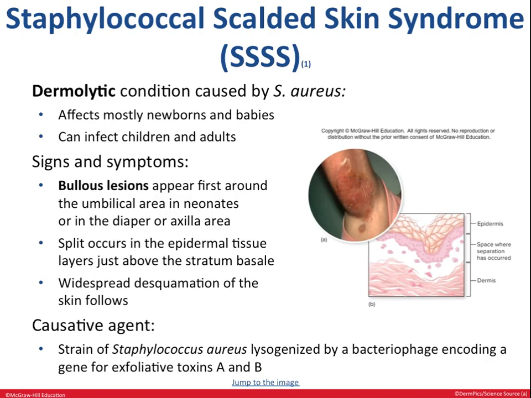The significant symptom is a very large bullous lesion. It can appear around the umbilical area in neonates, or in the axillary area. There is a split of the epidermis above the stratum basale.